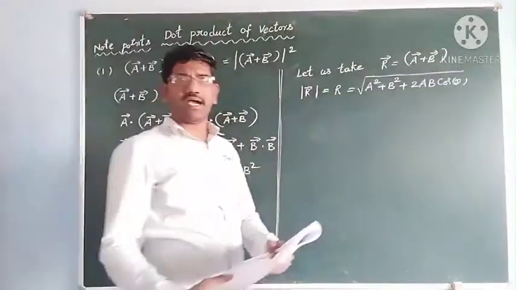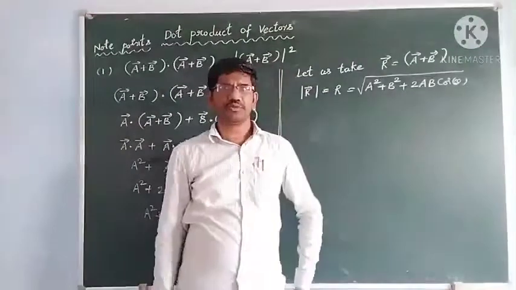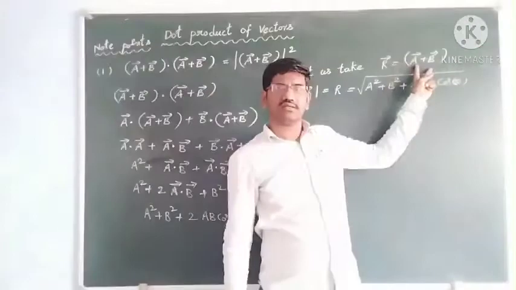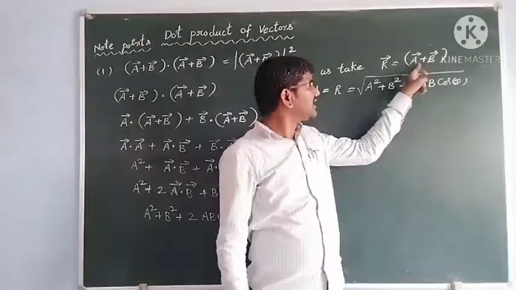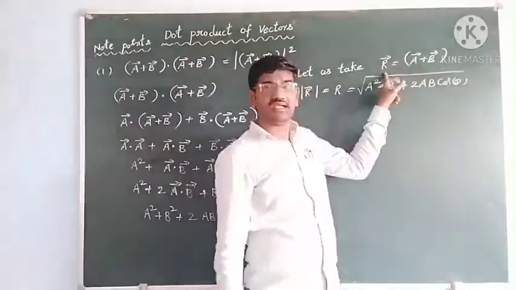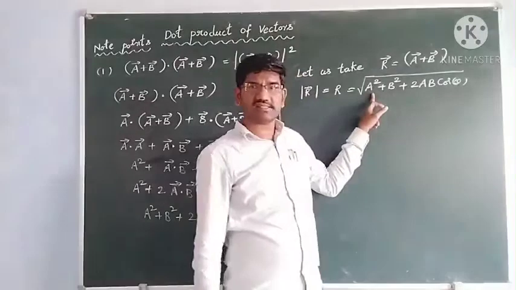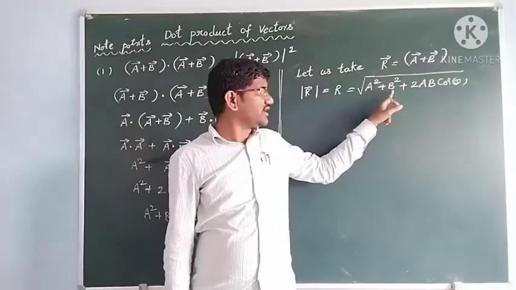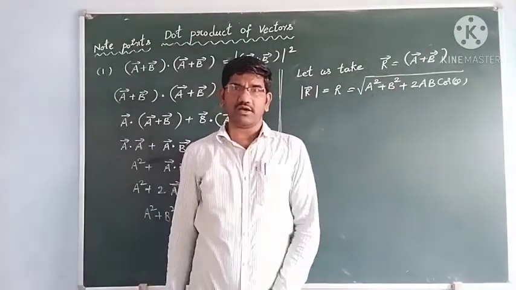So from the parallelogram law of vectors, if we add two vectors A and B, we get a resultant vector. Its magnitude we write as the root of A square plus B square plus 2AB cos theta.